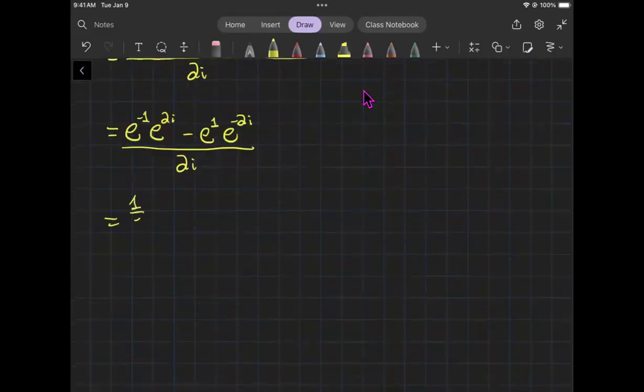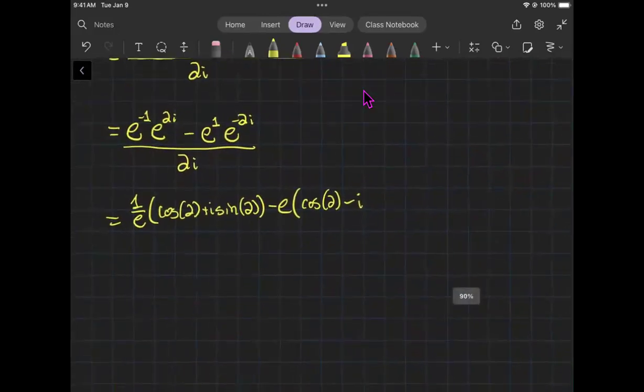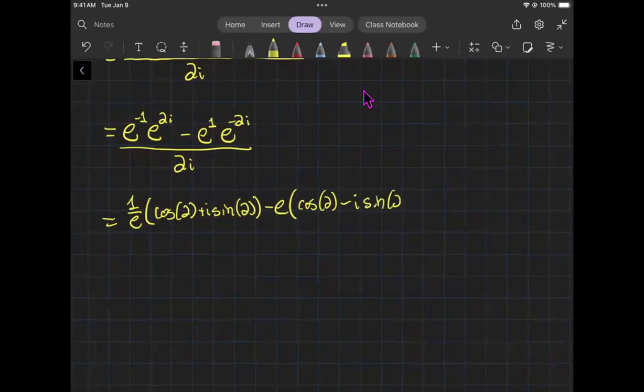And this equals 1 over e times cosine of 2 plus I times sine 2, minus e times cosine of 2 minus I times sine 2, over 2I. Okay.